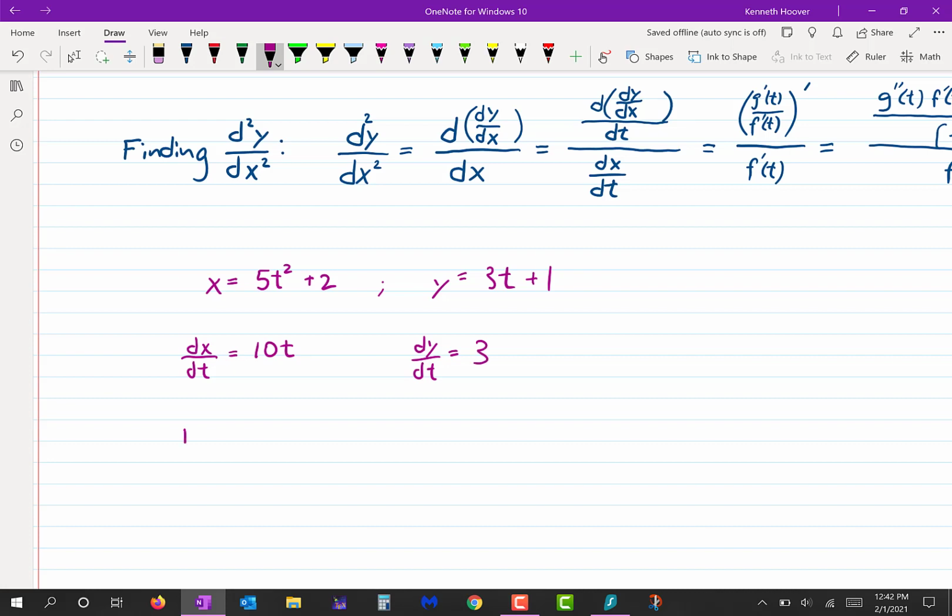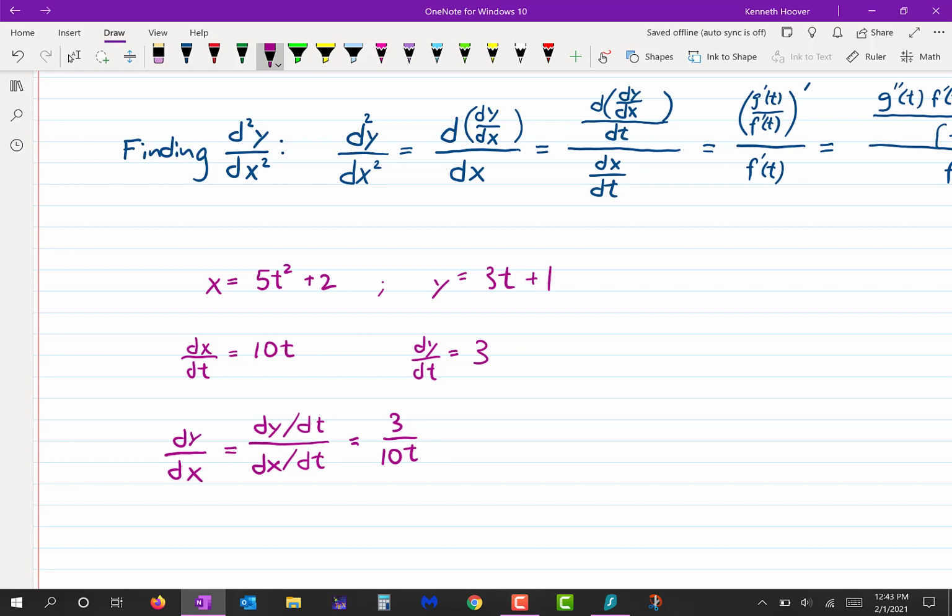So the first derivative, the derivative of y with respect to x, is dy/dt over dx/dt. And what's that equal? It equals 3 over 10t. Okay?